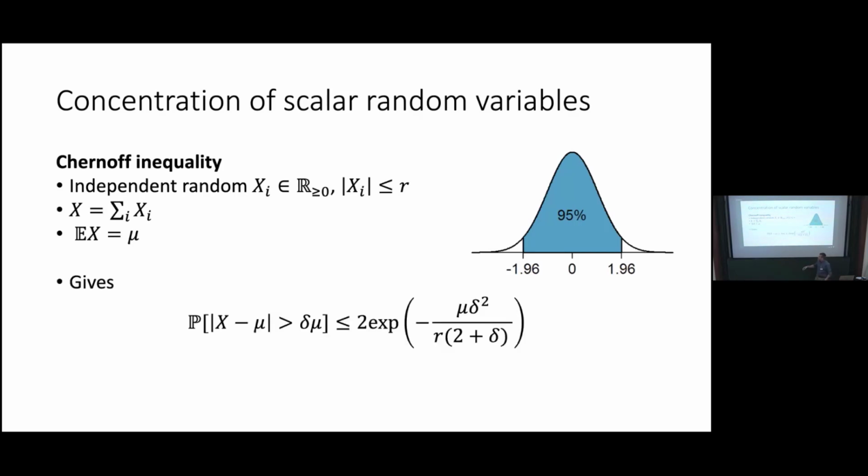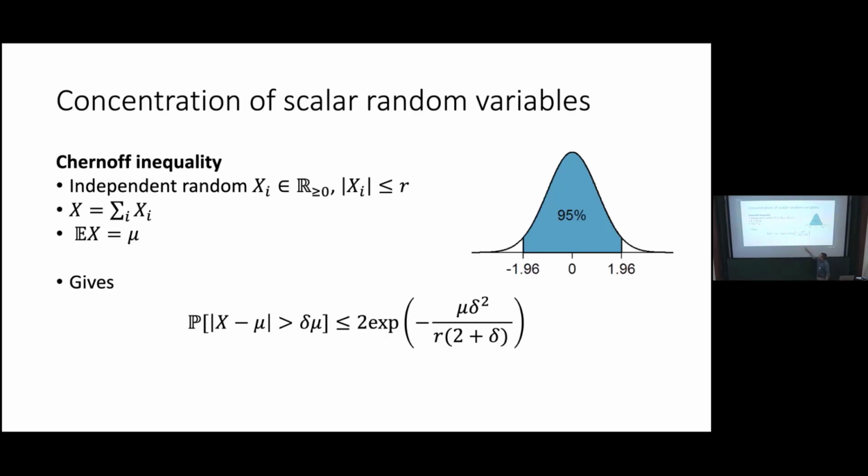And then we have that the probability that this random variable differs from its expectation by more than delta mu decreases exponentially as e to the minus mu delta squared divided by some constant.